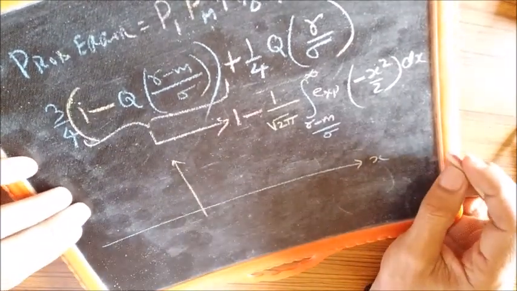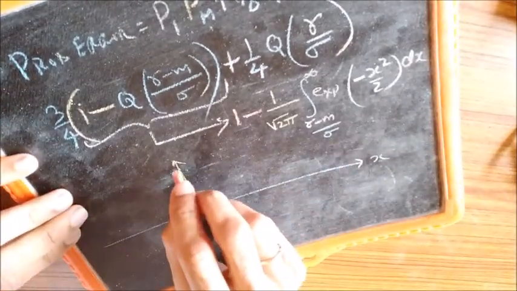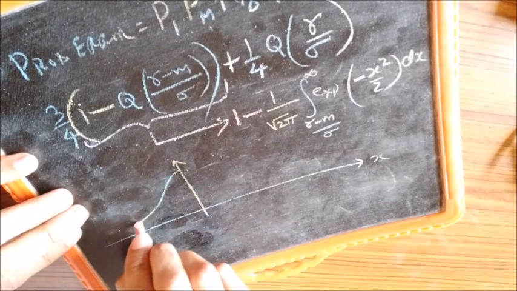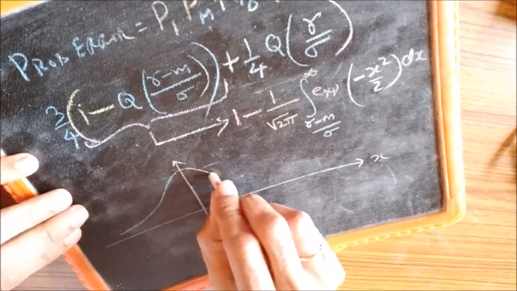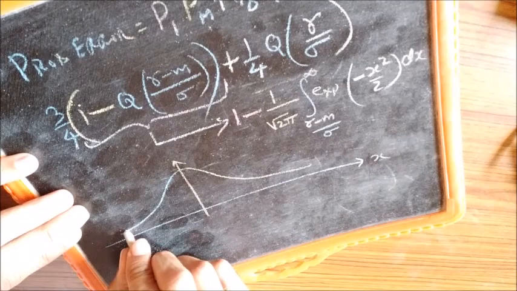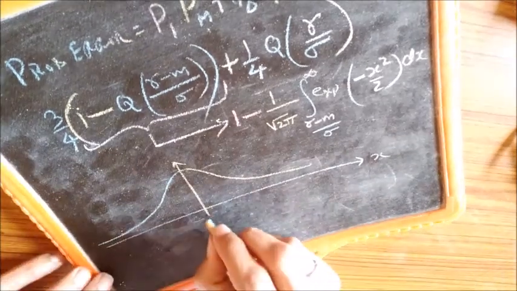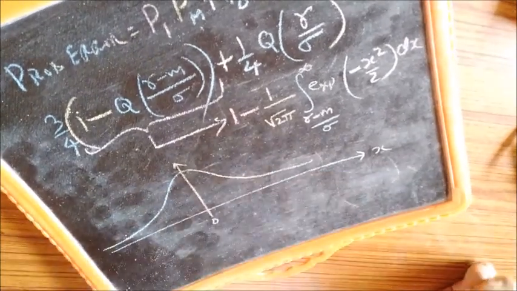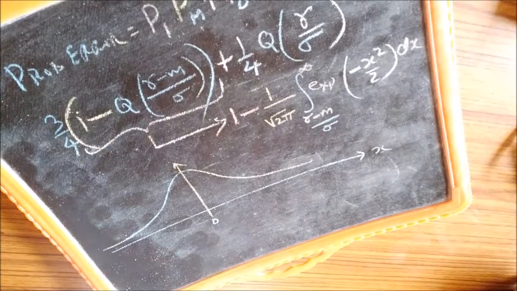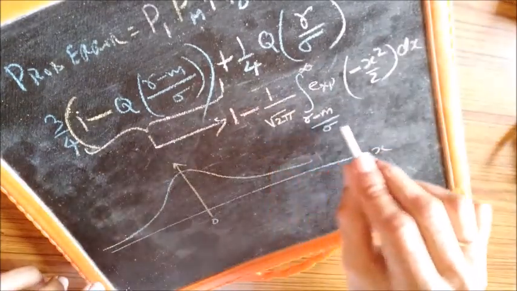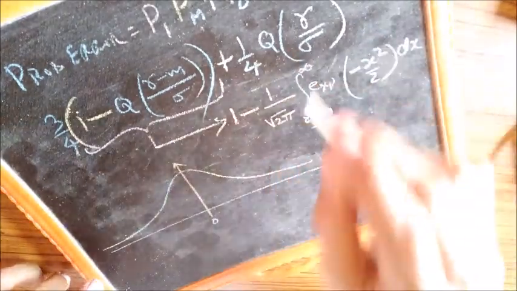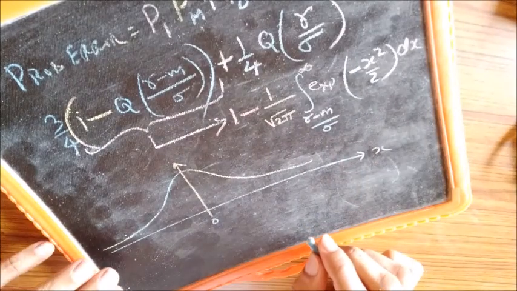What we are doing is we have a zero mean unit variance Gaussian distribution. This is a freehand sketch. You are integrating it from gamma minus m by sigma.